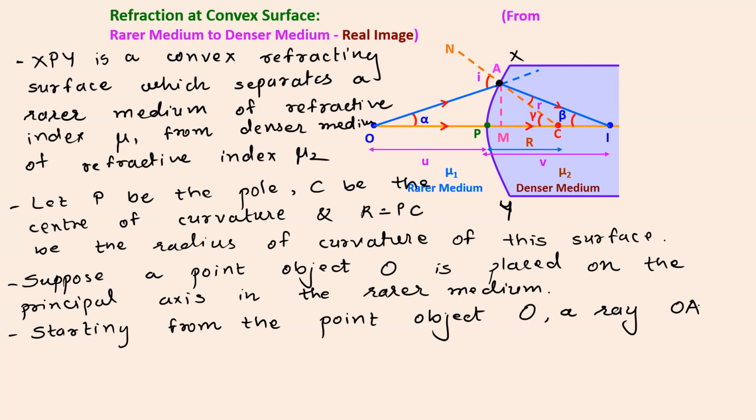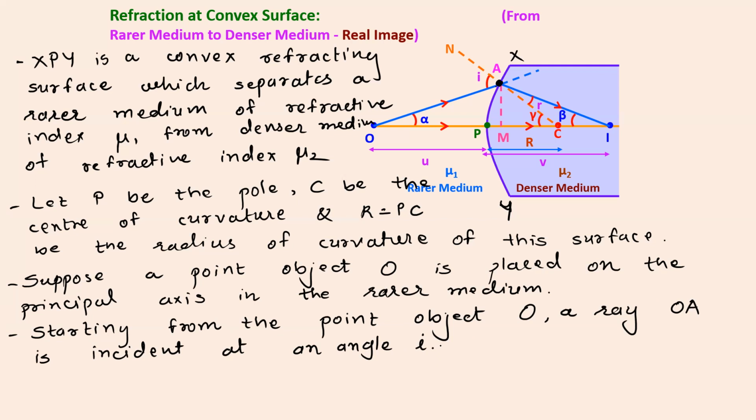You can see a ray OA is the incident ray. So a ray OA is incident at an angle. Angle of incidence is i. So at an angle i.